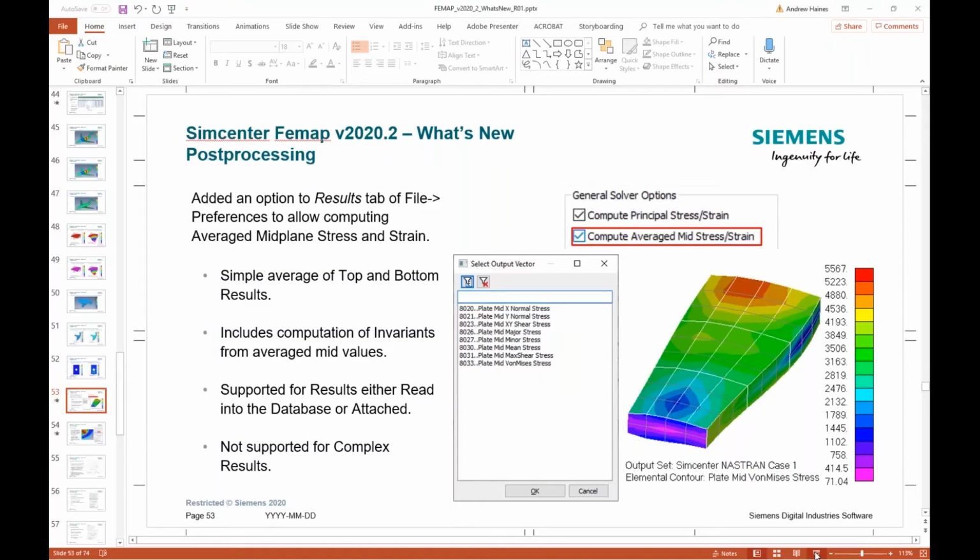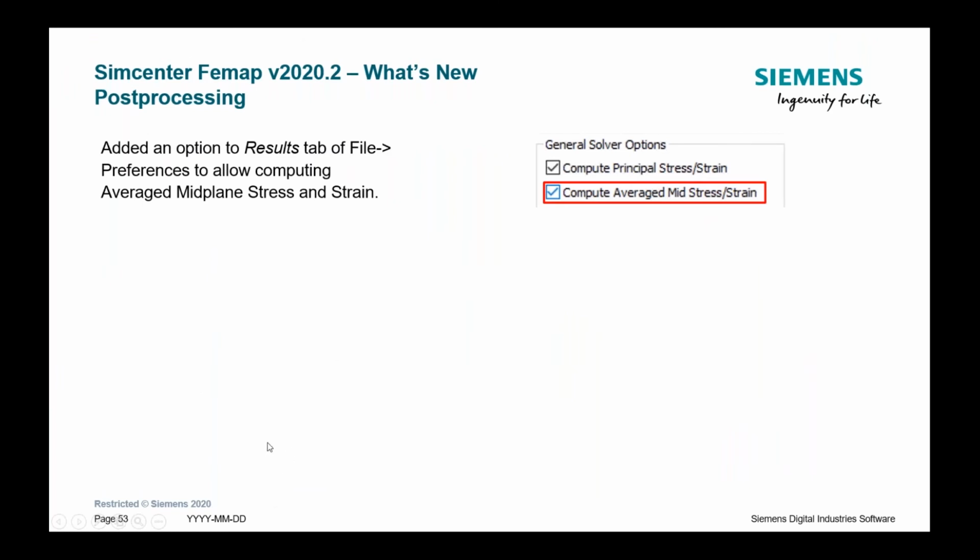Another thing, and it's kind of odd, we didn't have this before. Certain solvers will calculate top, bottom, and middle stress strain results, but some don't, including Nastran by default. So we added an option to compute averaged mid stress strain.